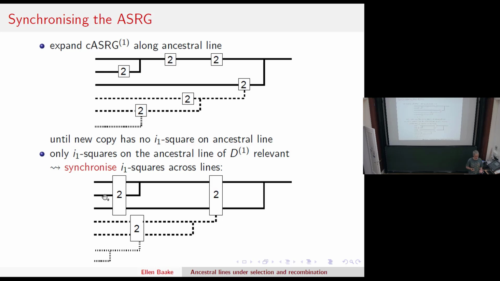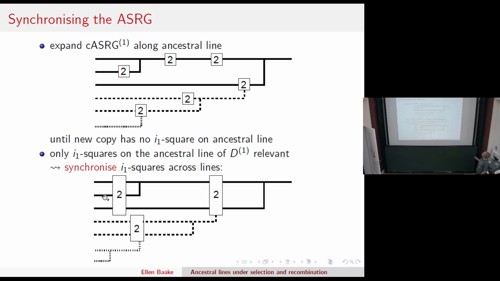So a collapsed ASRG1 is an ASRG0 with 2 squares on it, but an ASRG0 is just an ASG because there is no recombination. So it's just a simple Yule branching process. That's the solid line here. And then you put 2 squares on it at their rate. Put the 2 squares on every line, sort of according to a Poisson array.